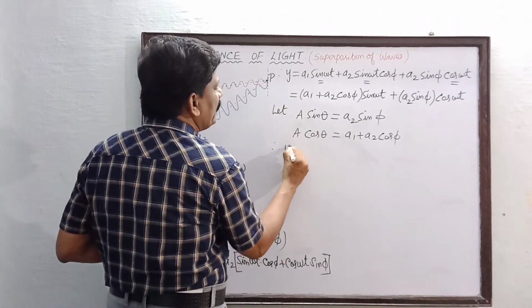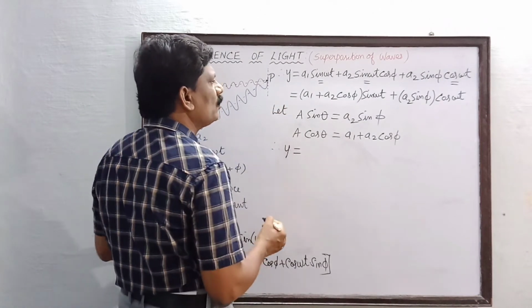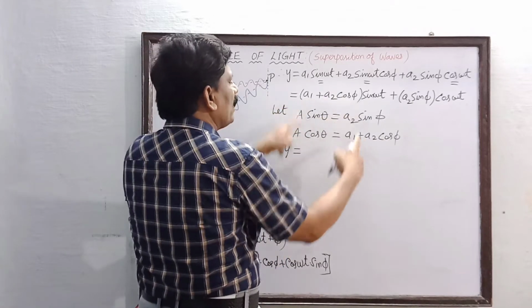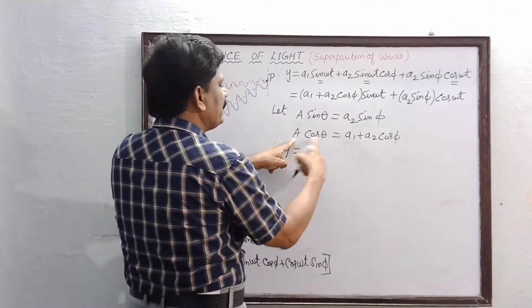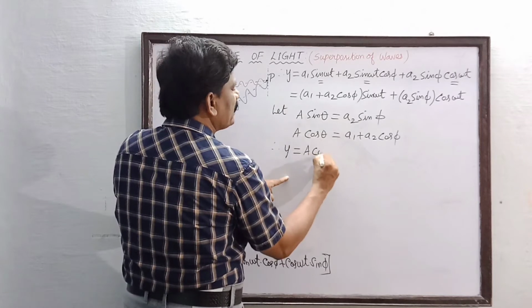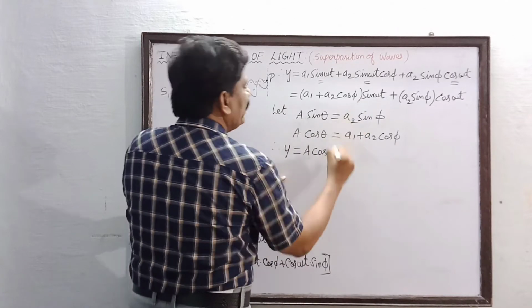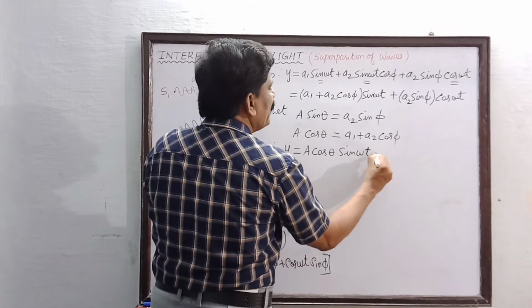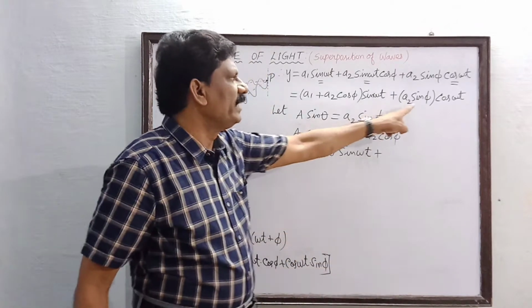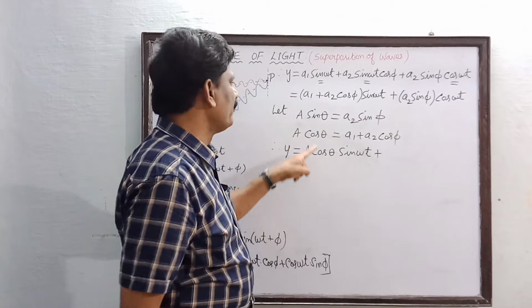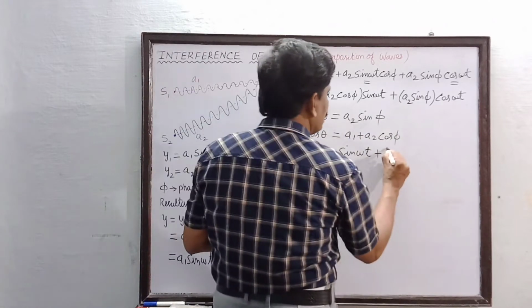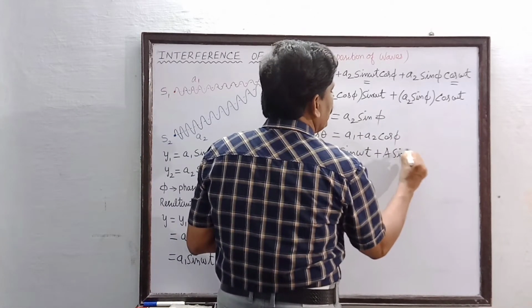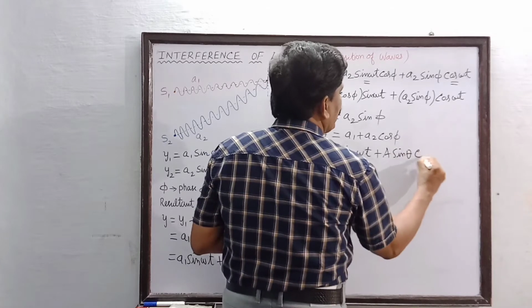Therefore now the resultant displacement y will be equal to this: a1 plus a2 cos phi is A cos theta, so instead of that, A cos theta into sin omega t, plus, instead of a2 sin phi, I can write A sin theta into cos omega t.